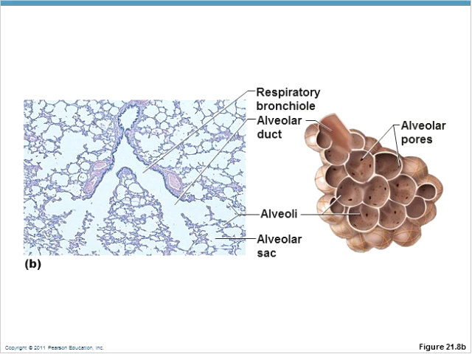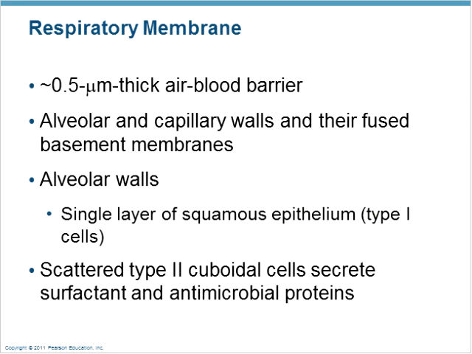This is a microscopic view of that same thing. What you're seeing here is the bronchiole, and you see all the alveolar ducts inside in that cross-section in a histology exam. The respiratory membrane is about 0.5 micrometers thick and a single layer thick, which allows air to move back and forth between the alveoli and the bloodstream.